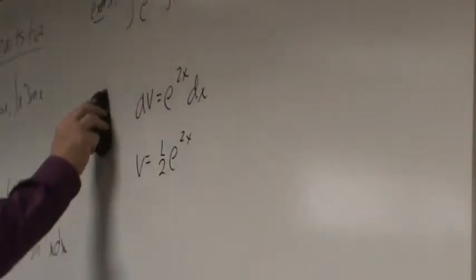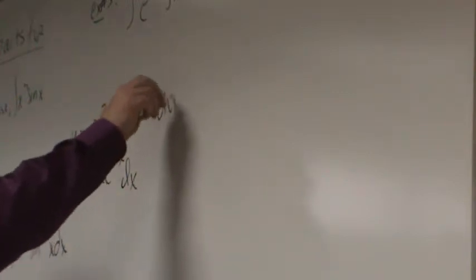Whereas if I choose my u to be e to the 2x, now my du is 2e to the 2x, and I don't have any fractions. I actually just sprouted a whole number. So me personally, I'm going to go with u equaling e to the 2x. But if you want to go your u being sine x, that's fine with me. You can do it your way. We'll get the same answer.